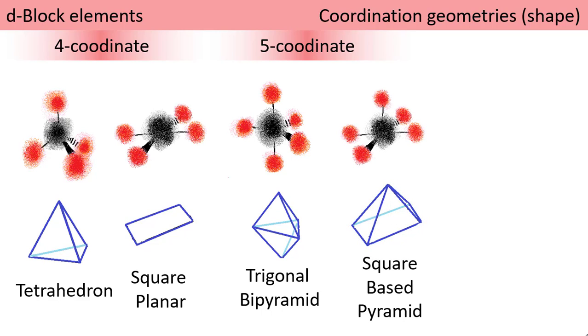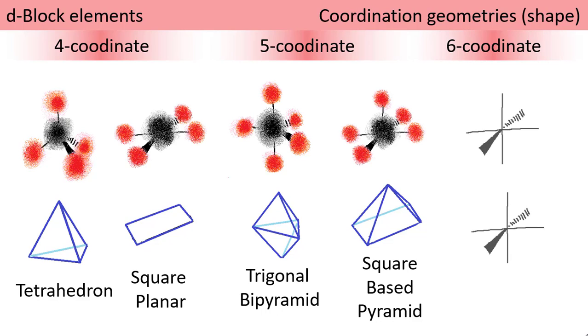And as for the most common coordination number, 6 ligands, the structure around the central metal atom is almost always octahedral.